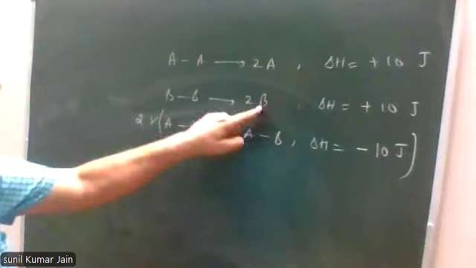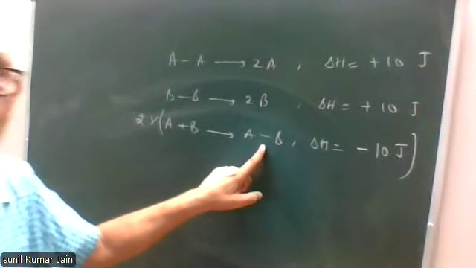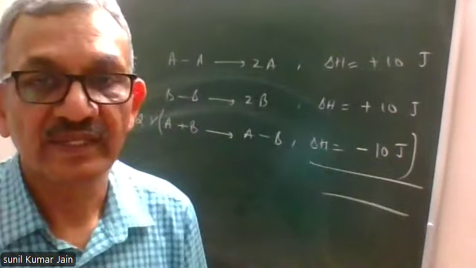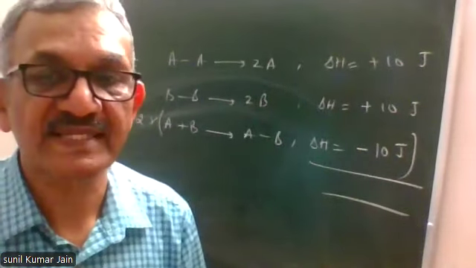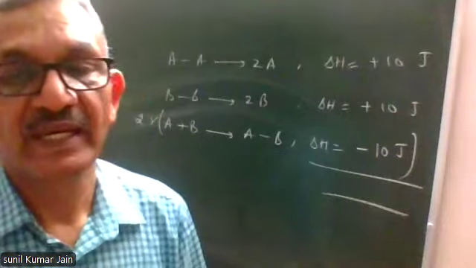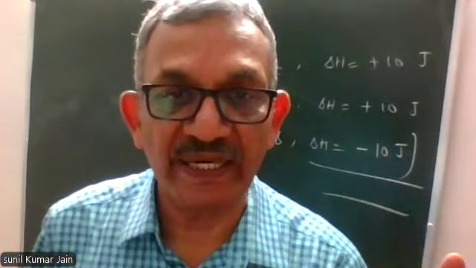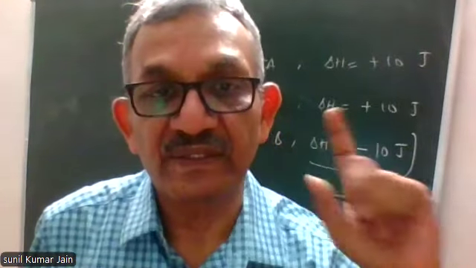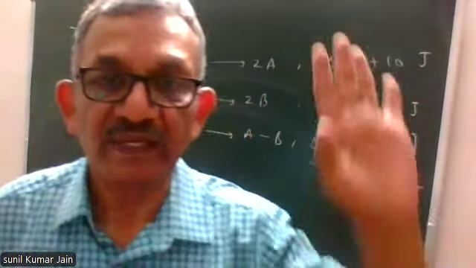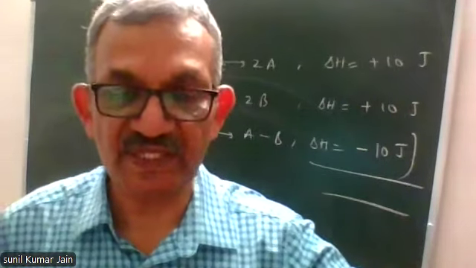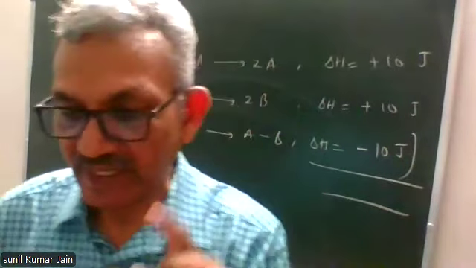Why? 2A and 2B will combine to form two attractions. If you add them, the net enthalpy change will be 0. Later I'll have to explain about ideal and non-ideal, which I will take up when we come to that part. In that case, delta H mixing will not be 0 and delta V mixing will not be 0. That will be taken up later on.